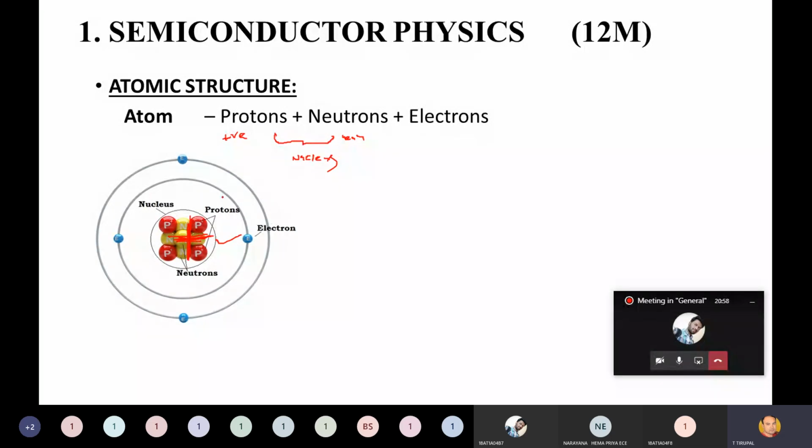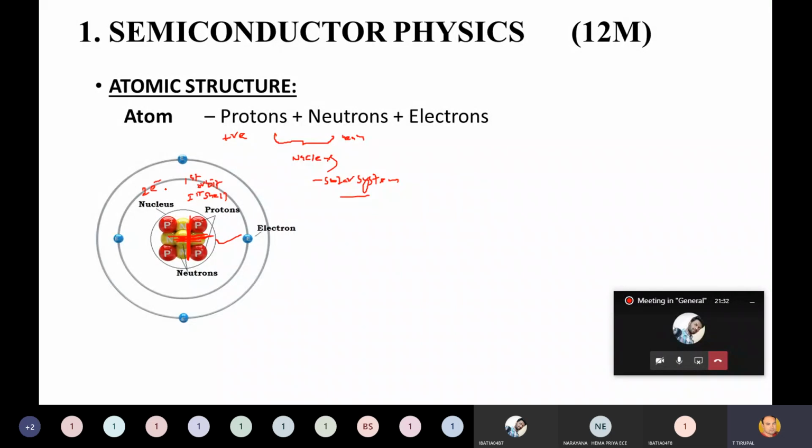This is similar to a solar system, where a sun and 9 planets are revolving around the sun. The nucleus acts like the sun, and the electrons revolve around the nucleus like planets. This is the first orbit, also called the first shell, where two electrons revolve around the nucleus.